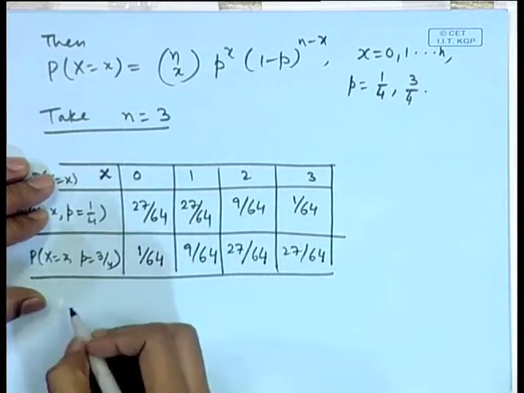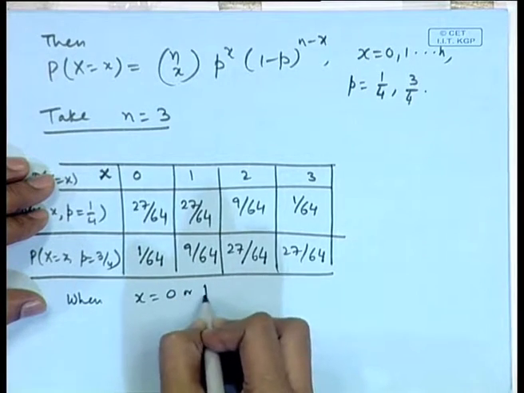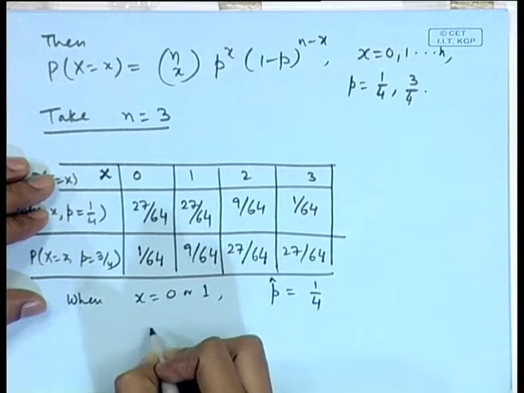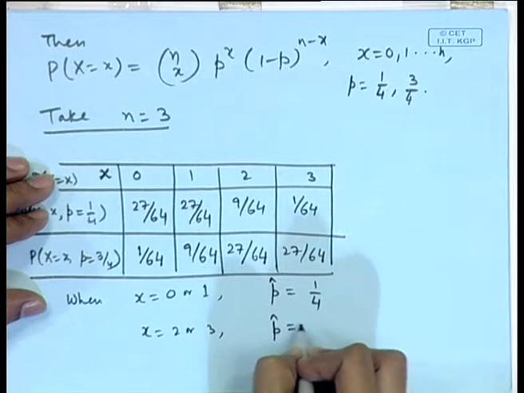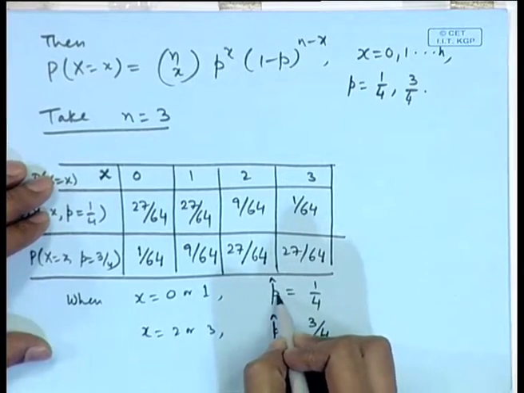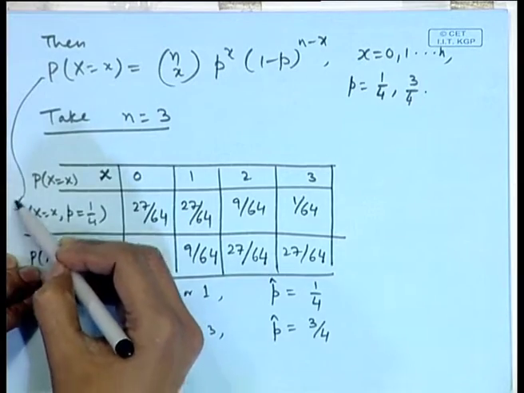So, you can see that when x equal to 0 or 1, then I am taking p hat to be 1 by 4, and when x equal to 2 or 3, then I am taking p equal to 3 by 4. Why am I taking these values? Because corresponding to these values, the likelihood function is actually higher.